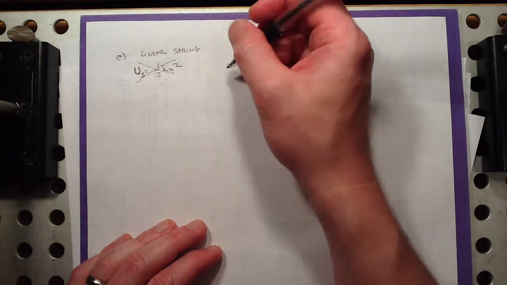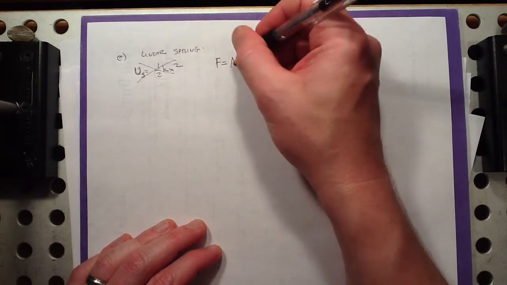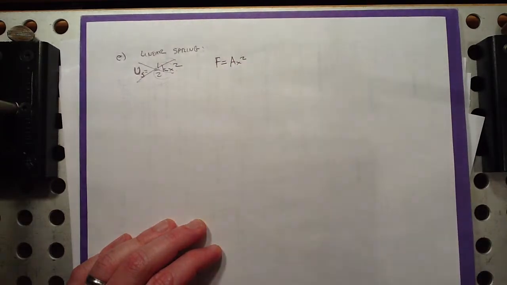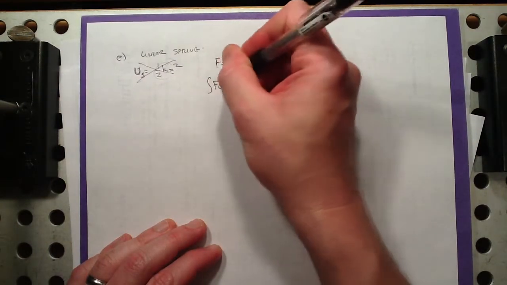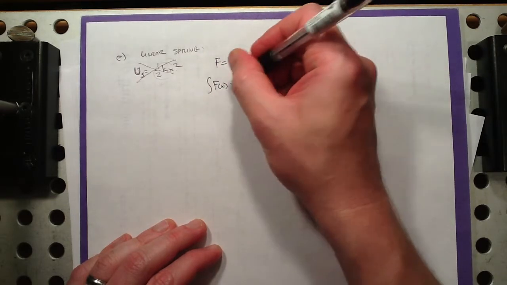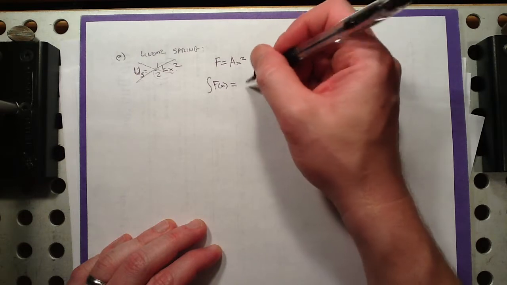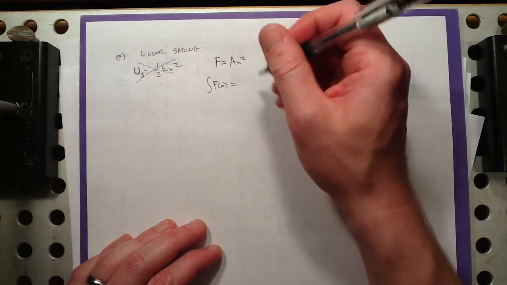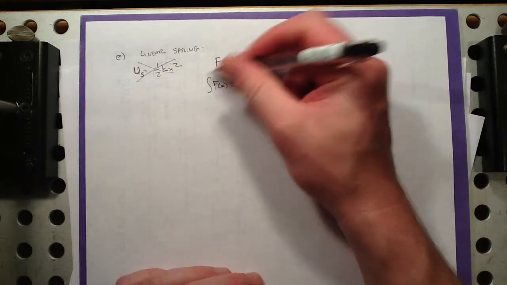So in this situation, if the force is equal to ax squared, then the integral of force with respect to x, dx, is the work, and that equation is given to you.